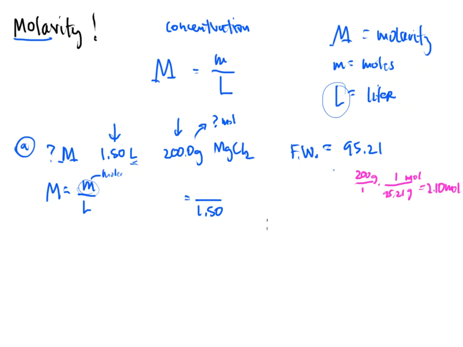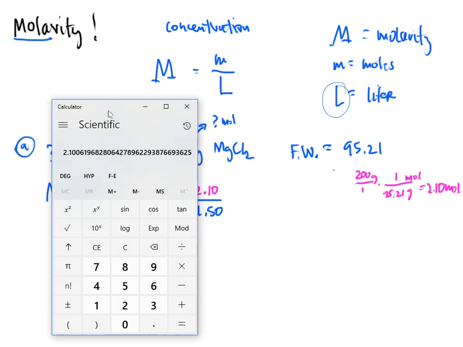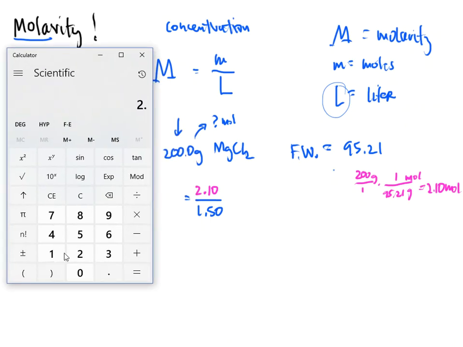Well, now that I've got that mole, I can put that number into the molarity equation, and I can solve for molarity finally. All right. So 2.10 divided by 1.50 equals 1.4.